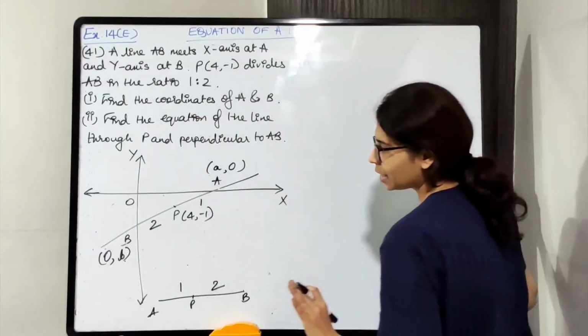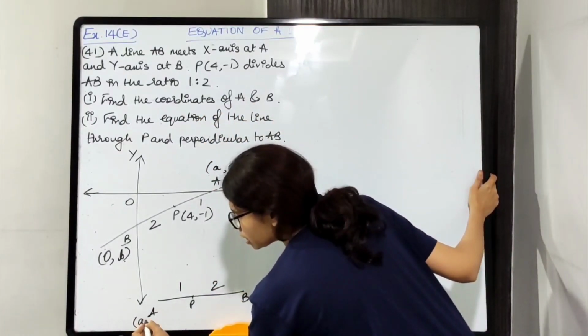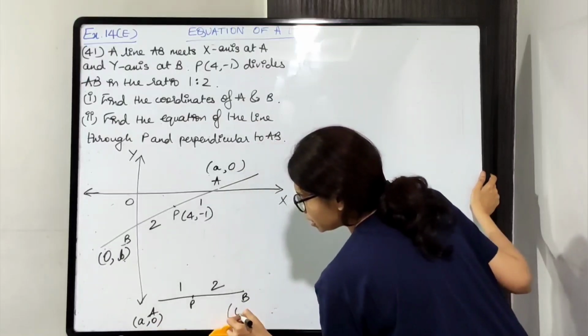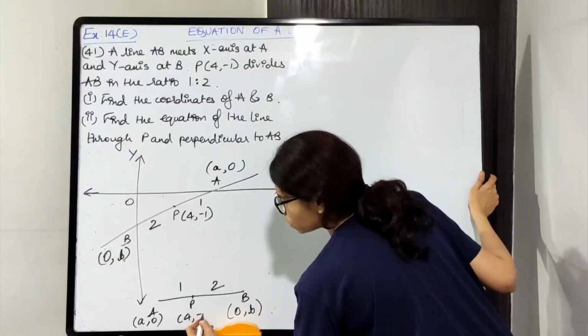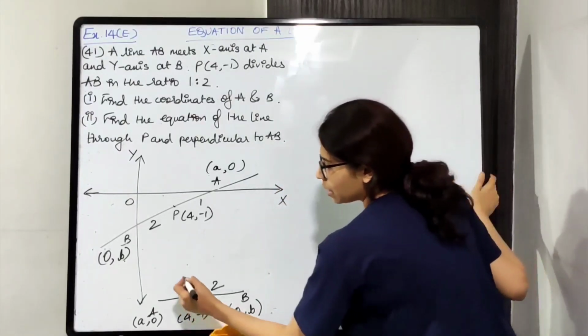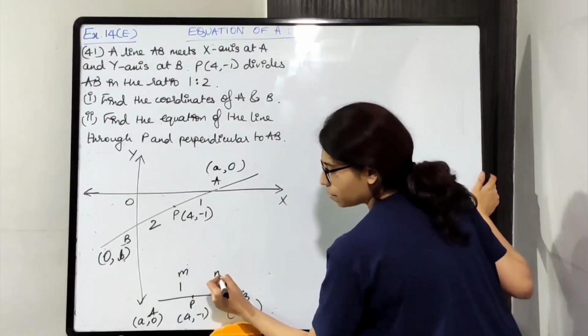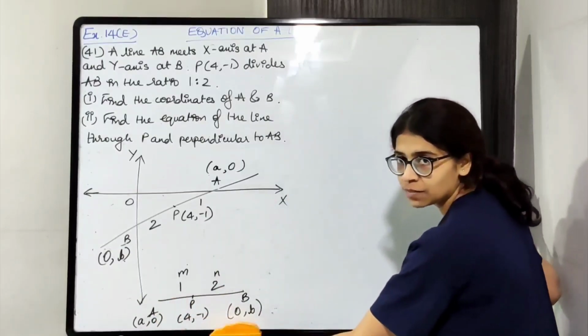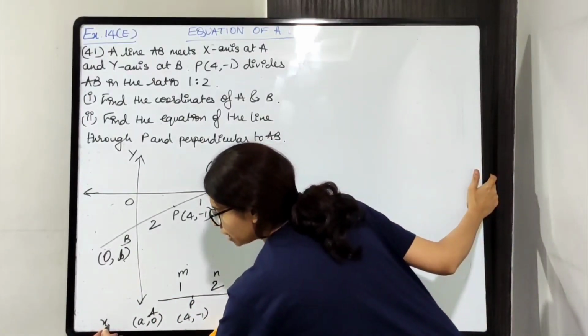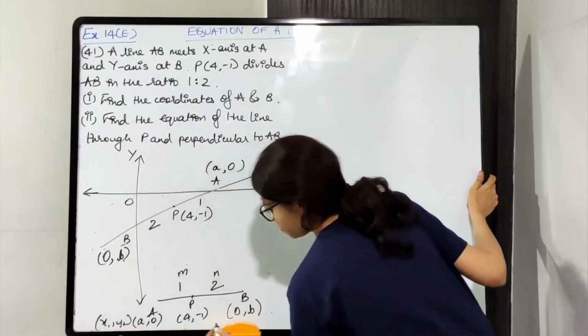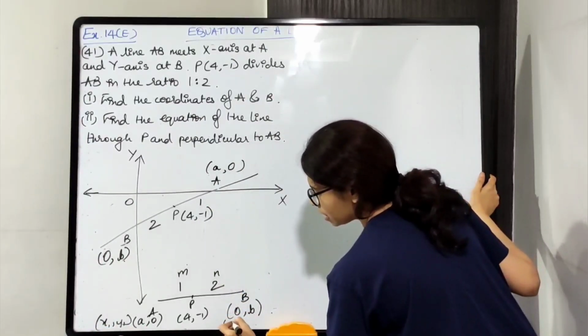Okay, A का coordinate small a comma 0, B का coordinate 0 comma small b, P का coordinates है 4 comma minus 1. We know the ratio m:n. A का coordinates x1 y1 ले लेते हैं, B का coordinates x2 y2. So this I'll take as x1 y1 and B का coordinates as x2 y2.